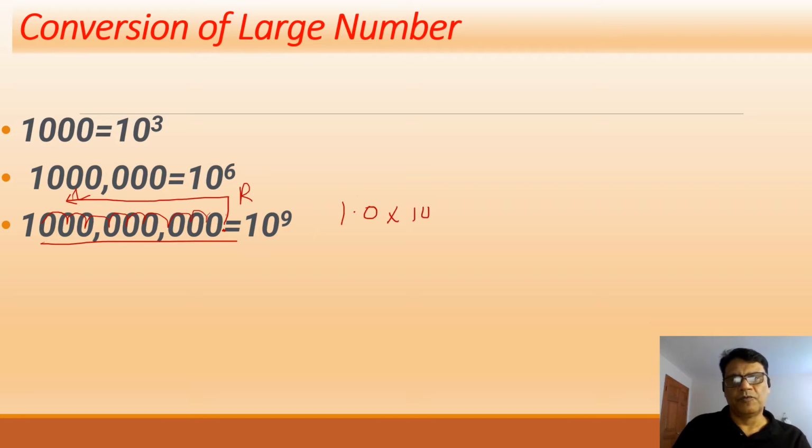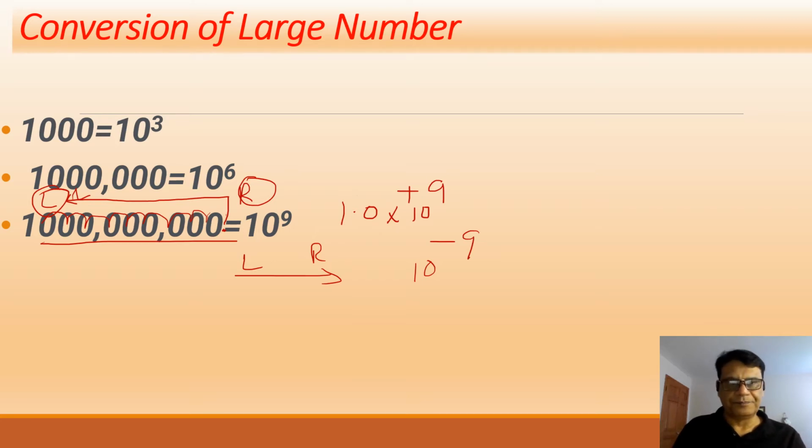So you moved your decimal 9 times, so the power of 10 will be 9. Since the decimal moved from right to left, the value will be positive. And remember, when you move the decimal from left to right, the value becomes negative.